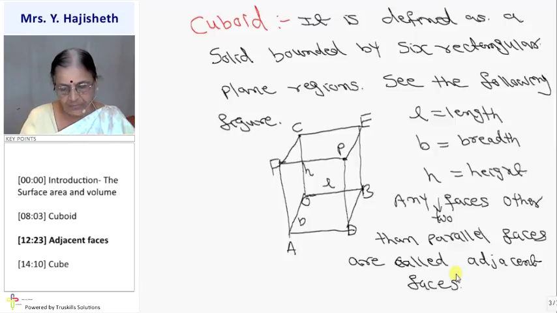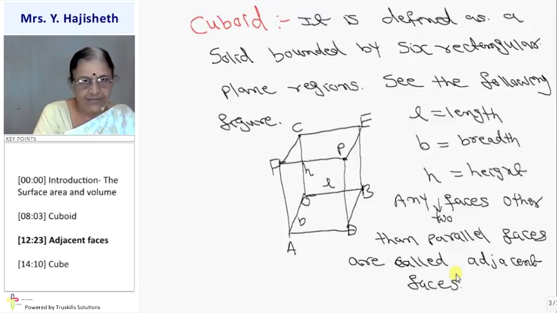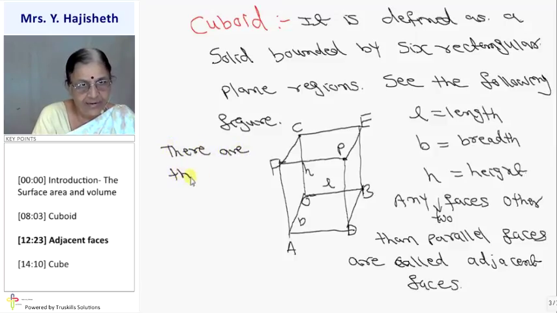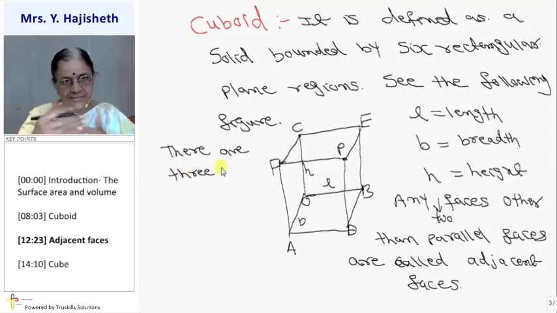There are 3 pairs of opposite faces equal in area. मैंने बताया आपको, there are 3 pairs. मैंने दिखाया ना आपको, नीचे का ऊपर के साथ, A साइड का इसके साथ और A साइड का इसके साथ.